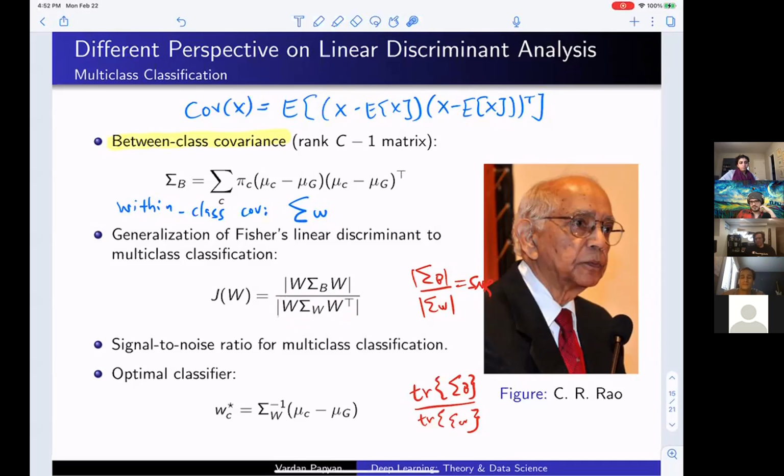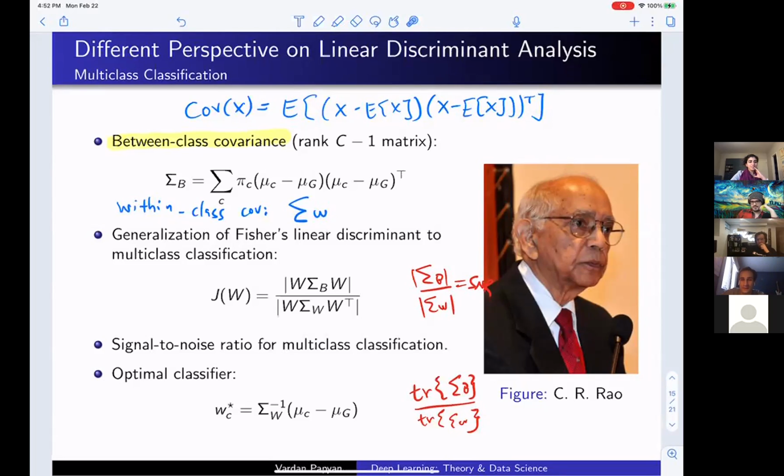That is correct. So basically, in simple words, why did Rao choose this function? Because this function is measuring how good is the matrix W in terms of the signal to noise ratio of the data after you multiply by W. Isn't that extremely intuitive and clear and simple, to the point where you could have done this if you were just alive at that time?